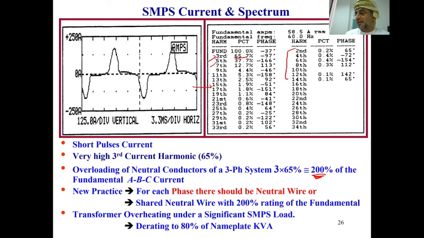So if the required load needed by those computers is 1000 volt ampere, then we have to choose not 1000 volt ampere, but a transformer that has a bigger size, or in other words, we have to derate the transformer.